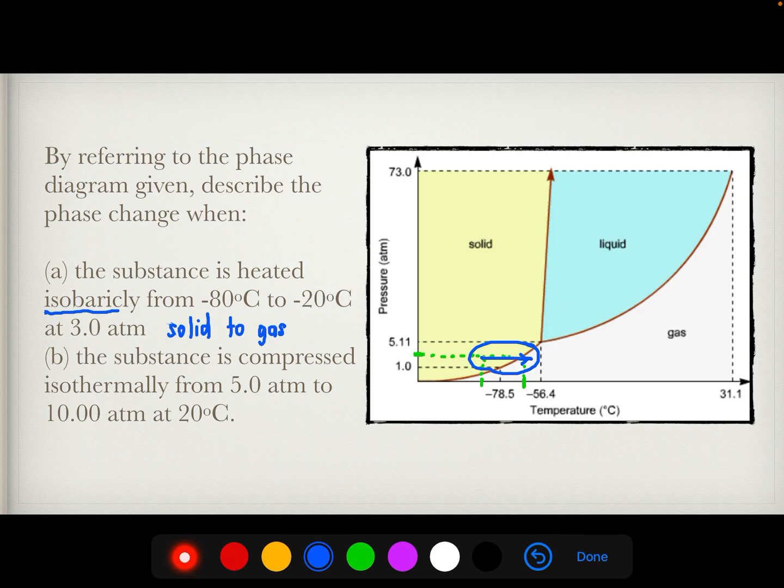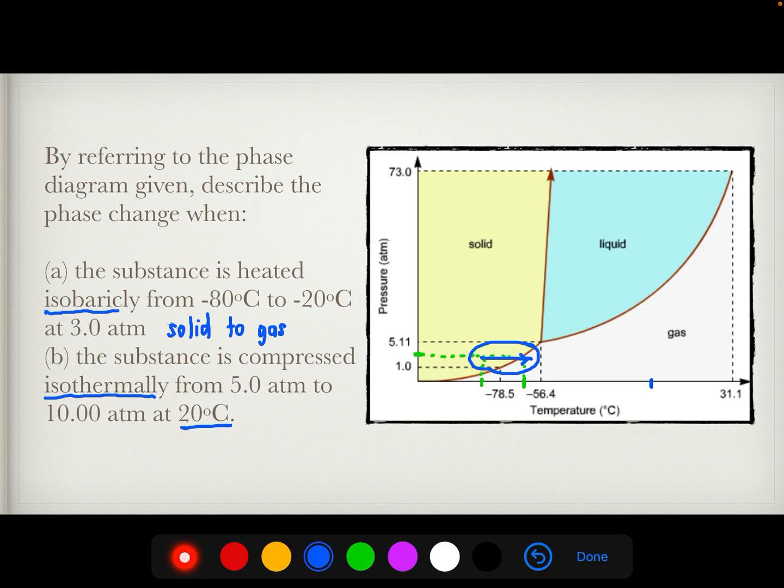Question B, the substance is compressed isothermally from 5 atm to 10 atm at 20 degrees C. Compressed means the pressure will increase from 5 atm to 10 atm, and isothermally means at constant temperature, at 20 degrees C, which should be around here.